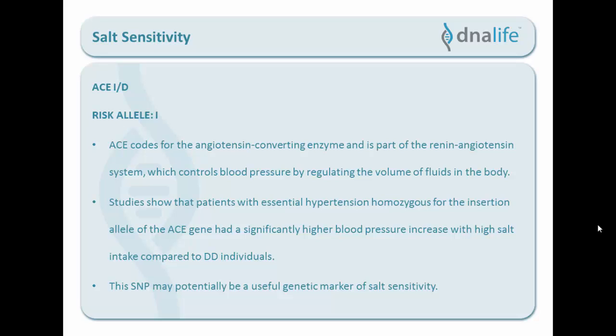And studies show that patients with essential hypertension, homozygous for the insertion allele, in other words who have an II genotype, have a significantly higher blood pressure increase when there is a high salt intake compared to their DD counterparts. So just to note, if you see the ID or specifically the II genotype with the ACE SNP, you must really focus on decreasing sodium and total salt intake in the diet to avoid these blood pressure increases.